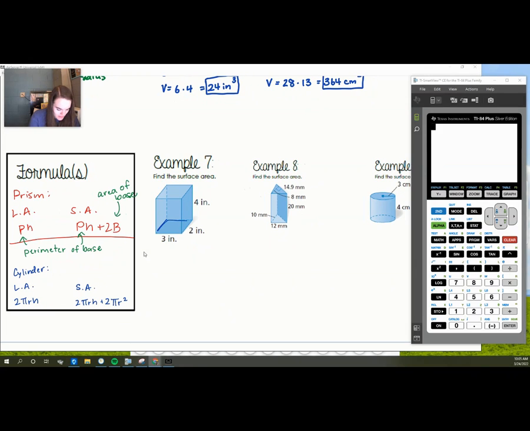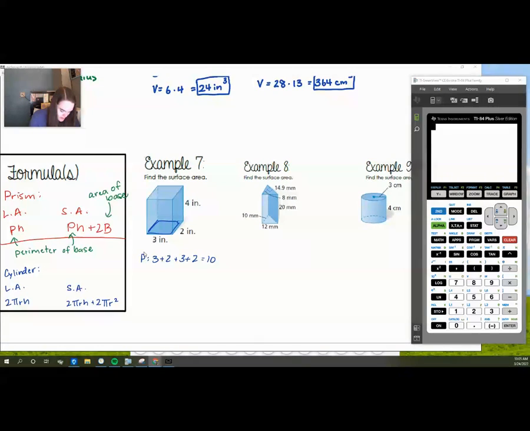This is the base. So the perimeter of the base is 3 plus 2 plus 3 plus 2, which is 10. Okay, we need the height, and the height is 4. We need the area of the base, and that's 3 times 2, which is 6. Now we're just going to plug in all those pieces.